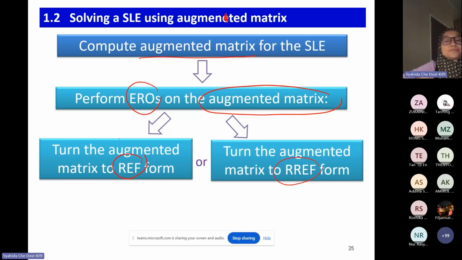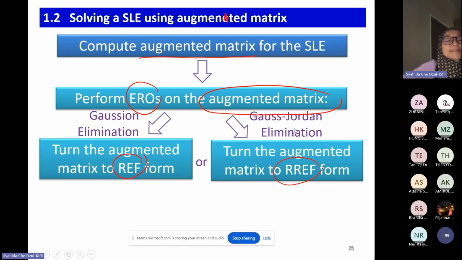So we change the augmented matrix into a special form called REF or RREF, by using a method called Gaussian elimination or Gauss-Jordan elimination.